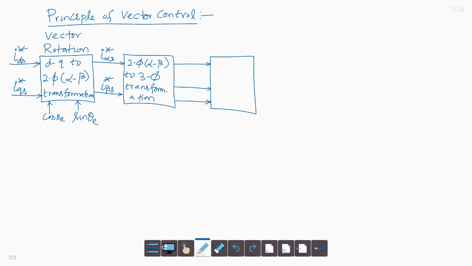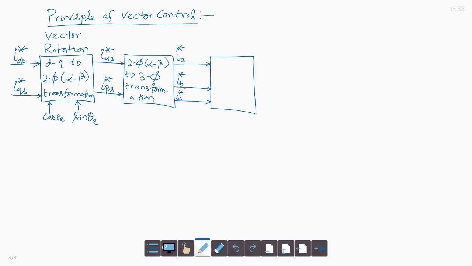This 2 phase to 3 phase transformation converts the command currents to 3 phase current commands IA star, IB star and IC star.